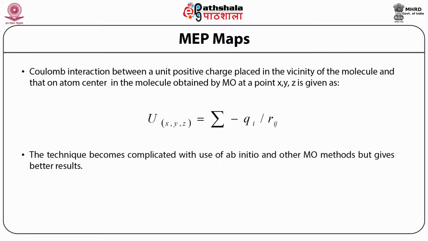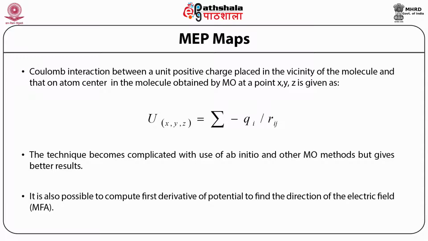The technique becomes complicated if we use ab initio and other molecular orbital methods, but it gives better results. The reason is, in molecular orbital, the charges are not centered on the atom center, but a cloud or distribution is there, and the MO vectors are used for calculation of this potential energy function U. It is also possible to compute the first derivative of the potential energy and find the direction of the electric field, MFA, which is very useful.